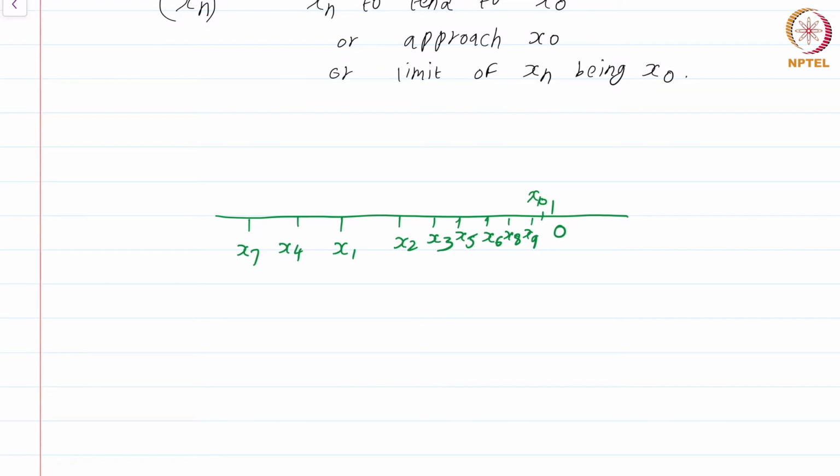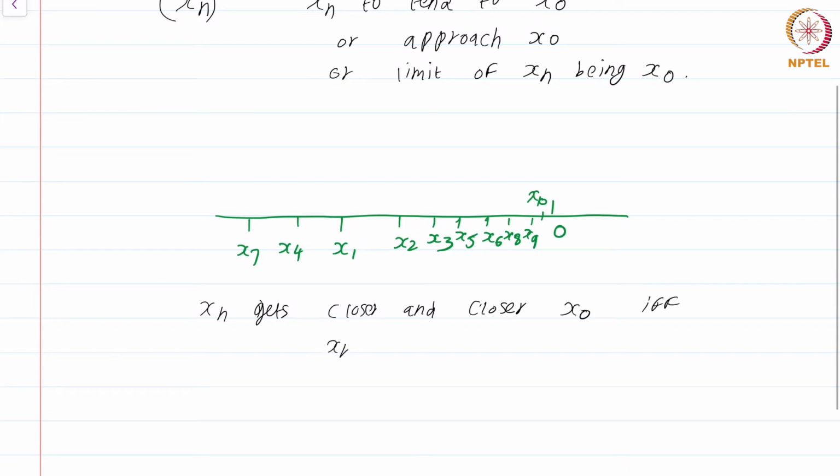So the point is that xn must get closer and closer to x naught means irrespective of the device that I use, xn must be very, very close to x naught. If you think about it for a moment, if we crudely analyze this, we will be forced to conclude that xn gets closer and closer to x naught if and only if xn is just x naught.